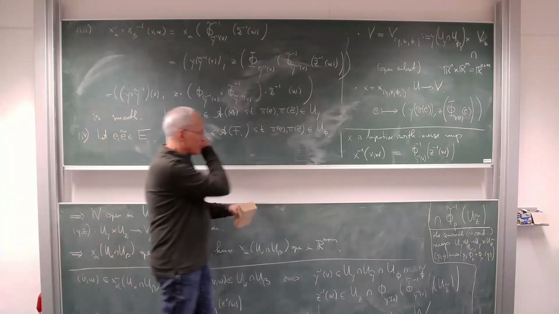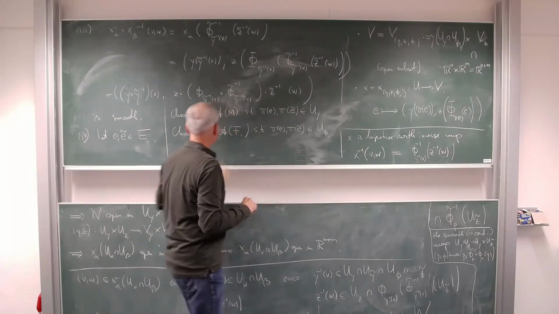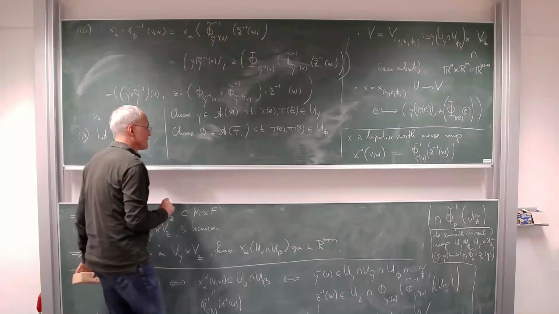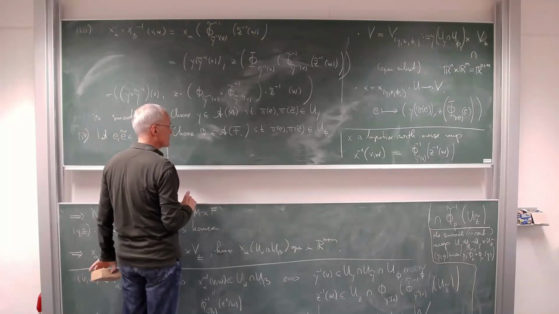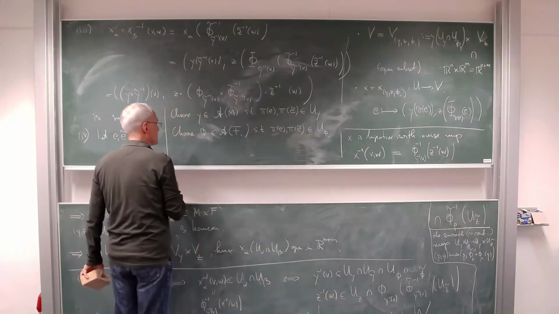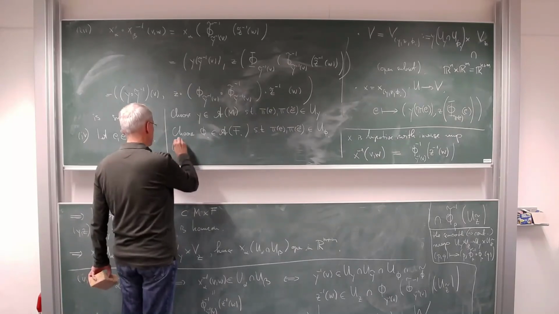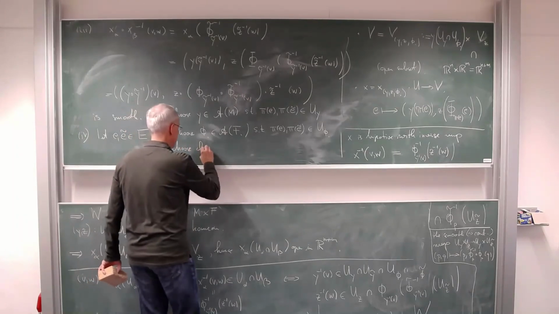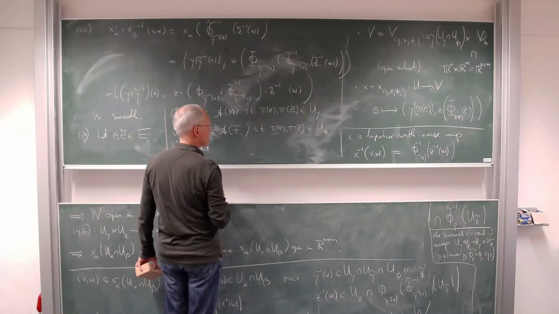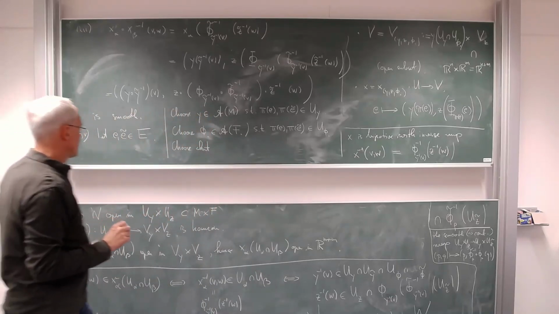So now, when I apply my local trivialization to these 2 points, to E and E tilde, which I can do because of this, how should I say that? Choose the chart, maybe I make it a picture.